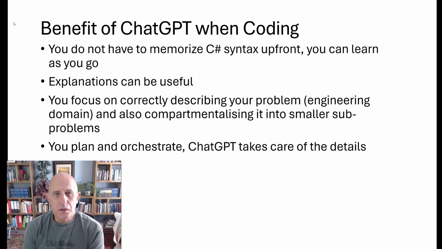In other words, you can focus on planning and orchestrating the solution, and ChatGPT can take care of the details. So that's the most important takeaway from this video, is that you should focus on planning and orchestrating your coding and let ChatGPT take care of the details.